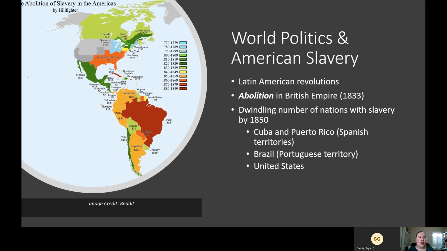A lot of these new nations, new republics in Latin America declare either slavery to be completely abolished, or they go the route of some northern states and say gradual abolition. But for the most part, these nations are ditching the institution of slavery. And we're the ones that did embrace gradual abolition set a really young age for those slaves to be freed.